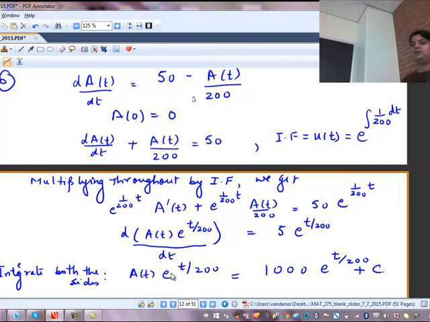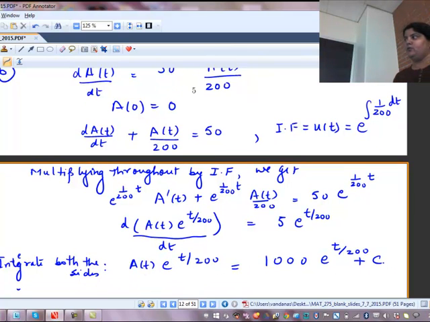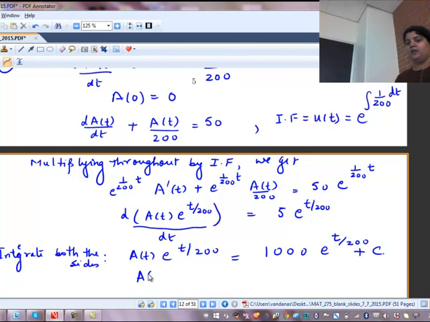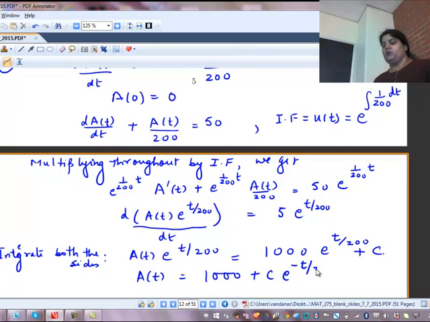Okay, so you will then divide the entire expression by e to the power t over 200, and you will get A to be 1000, and then C times e to the power minus t over 200.